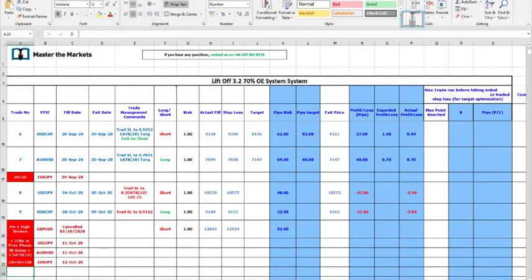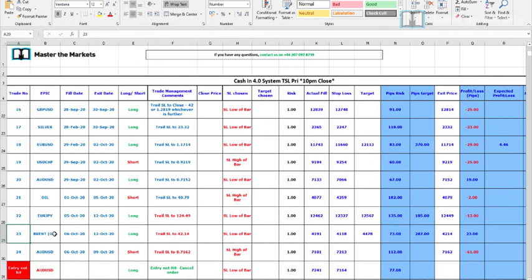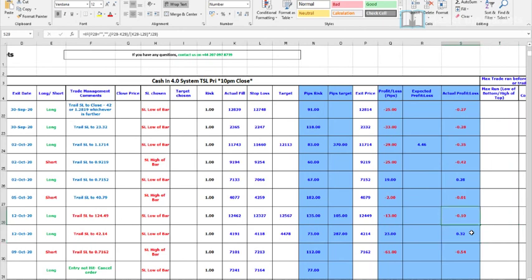The ones that we did have for this week going forward were on the CI 4.0, Cash-in 4.0 TSL primary. So this one here, let it run. On this one, we had these two trades that closed out. You can see minus 13 and 23 pips, just about 10 pips, very small pips that we won.